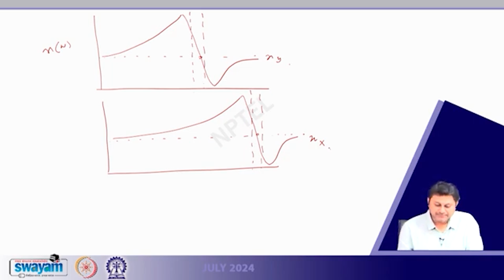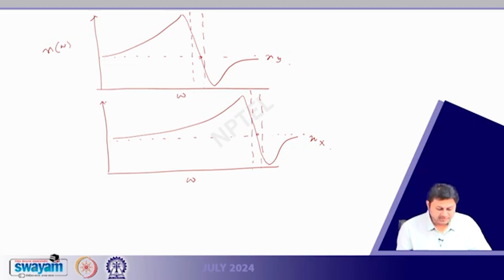So, the point is, with respect to omega, if I plot nx and ny, they no longer coincide. For an isotropic system they coincide, but for an anisotropic system they no longer coincide.